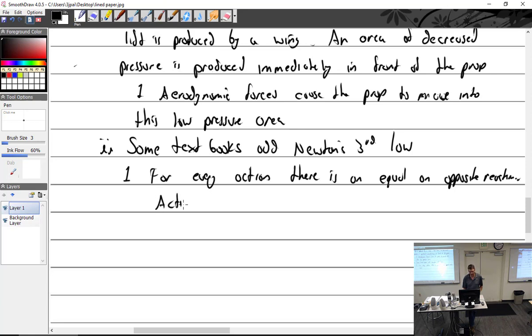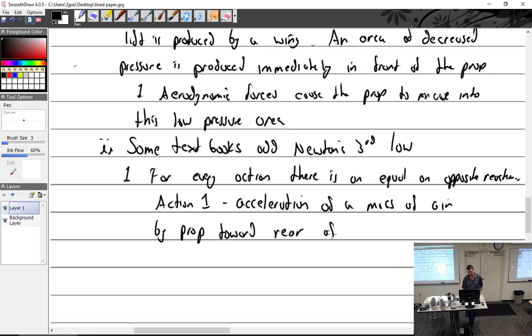Action 1 with a prop: acceleration of a mass of air by the blade or by the prop toward the rear of the aircraft. Action 2. This is your equal and opposite.